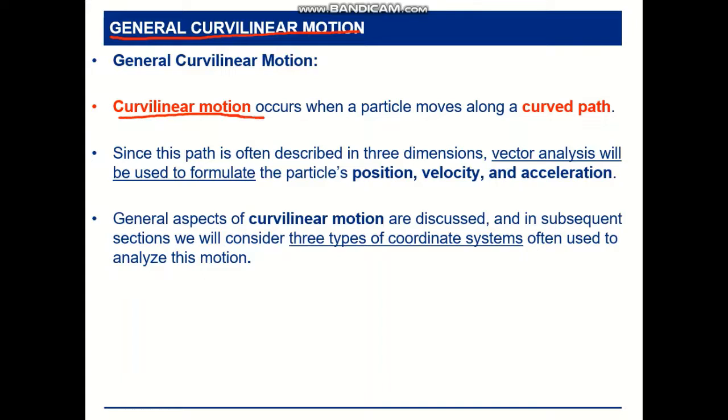Curvilinear motion occurs when a particle moves along a curved path, such as, like we defined the straight line. If you have a particle and a curve, let's say we have a rod with a curve, in this kind of motion we have a curvilinear motion.